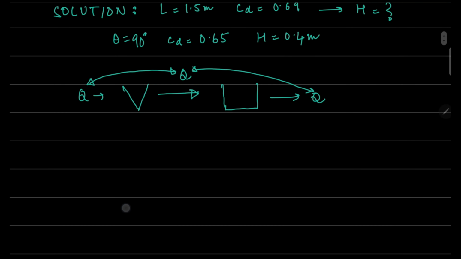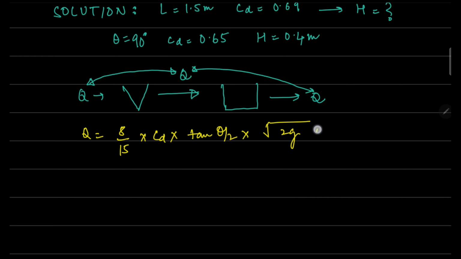So Q is equal to 8/15 multiplied by CD, tan theta by 2, multiplied by root 2g, h raised to the power 5/2.